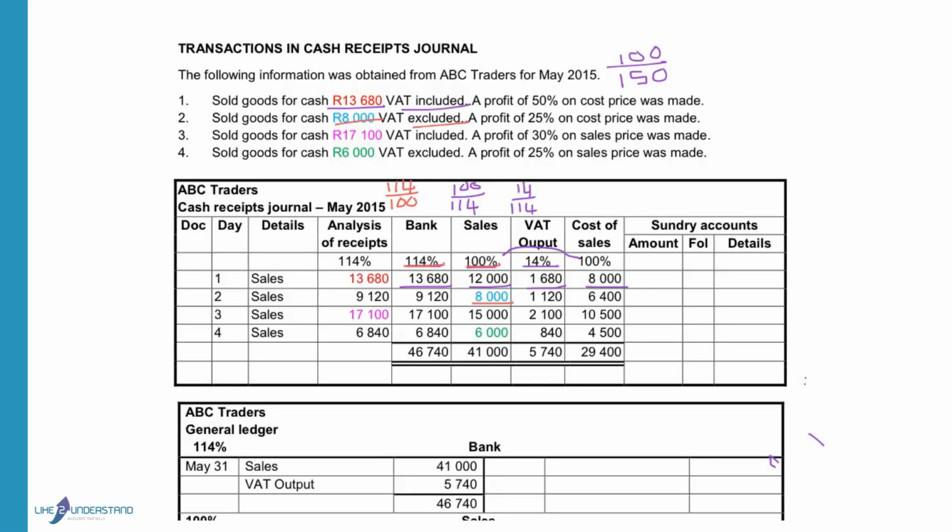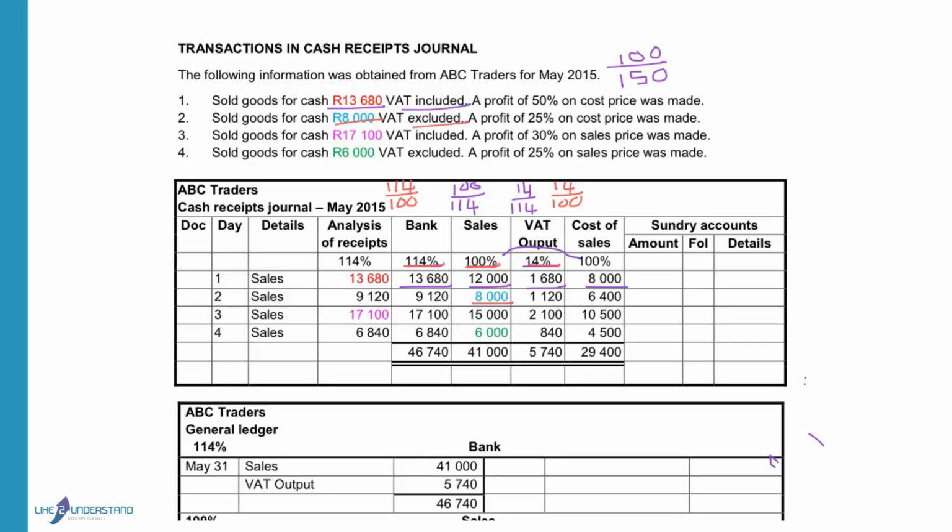If I want to calculate the VAT, the percentage that I want, 14, divided by the percentage that was given, 100, times 8,000, and that will give me 1,120.